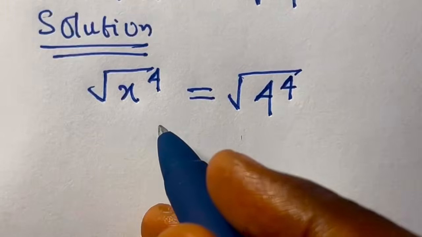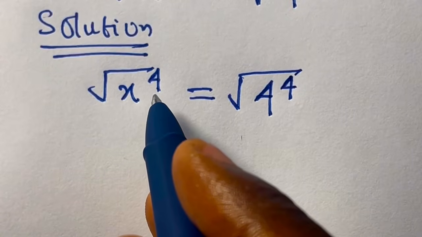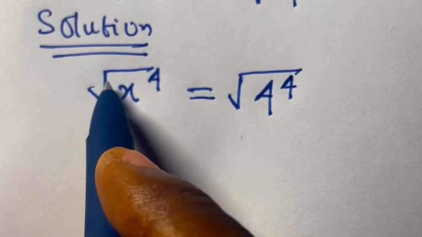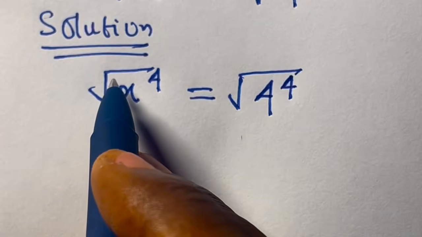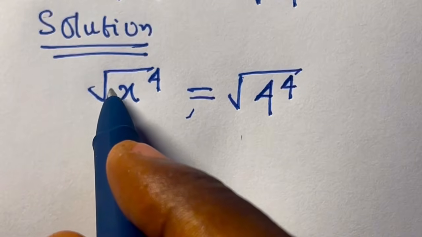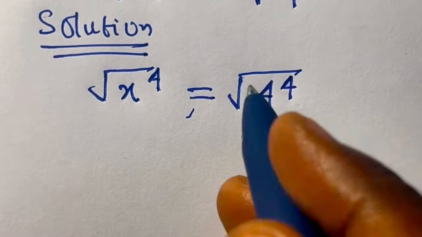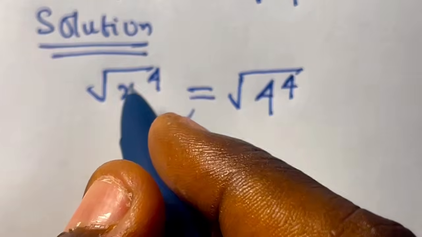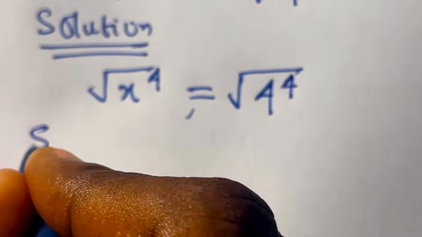So one of the first steps we are going to do is find a way to cancel this square root. To cancel a square root, we square both sides. So now let's square both sides.